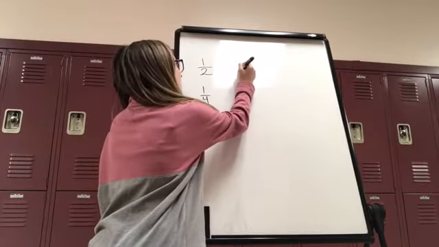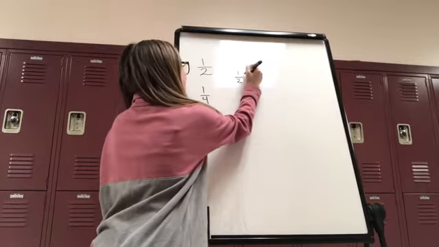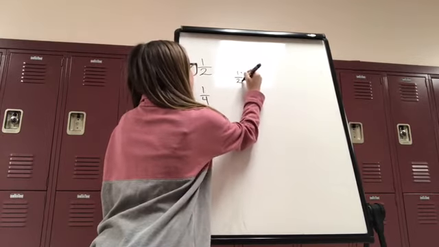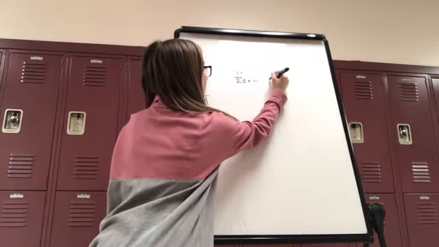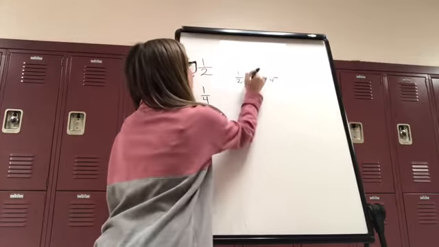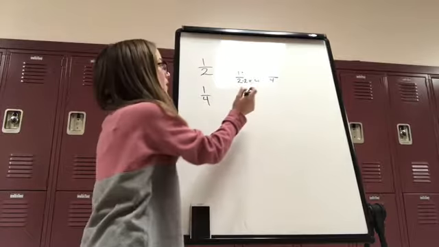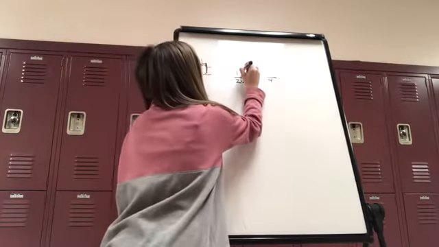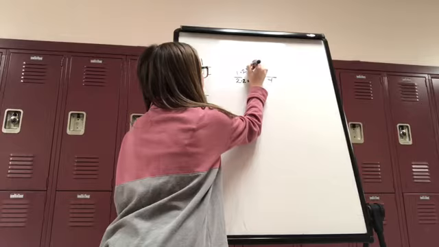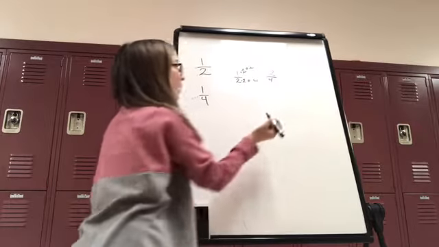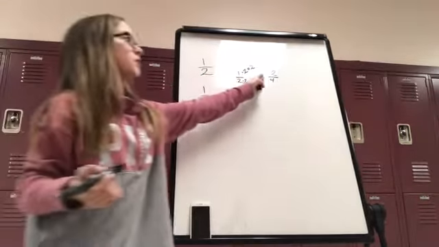And so 1/2, I know that 2 times 2 equals 4, so that will equal our denominator of 4. So then whatever you do to your denominator, you have to do to your numerator. So you have to multiply that by 2, which equals 2. So your final is 2/4.